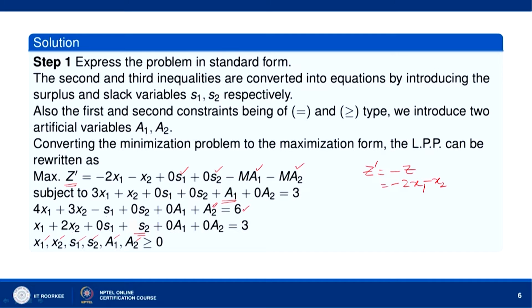So, the second and third inequalities are converted into equations by introducing a surplus variable and a slack variable. And the first and second constraints were of equality and greater than or equal to type. So, we have introduced two artificial variables a1 and a2.